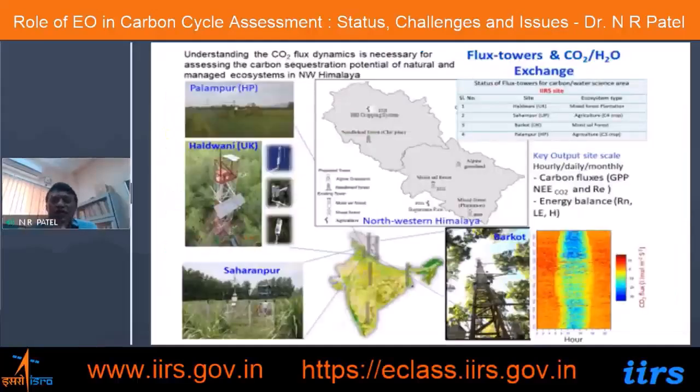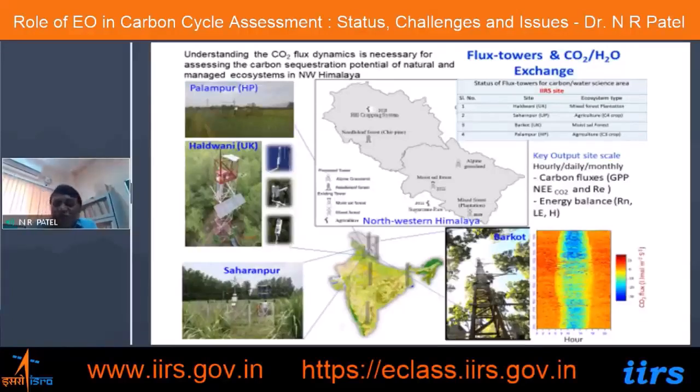So in India, this is just one example. I am showing that there are 4 sites that IIRS has set up for measuring and monitoring carbon exchanges between the different agro-ecosystems and natural forest and the atmosphere. So we have the northwestern Himalaya, where we are operating these sites and constantly monitoring carbon exchange across different landscapes, the Himalayan landscape as well as the Indo-Gangetic plain.